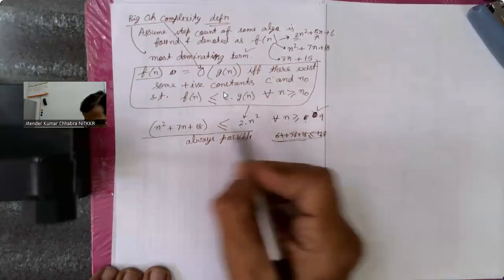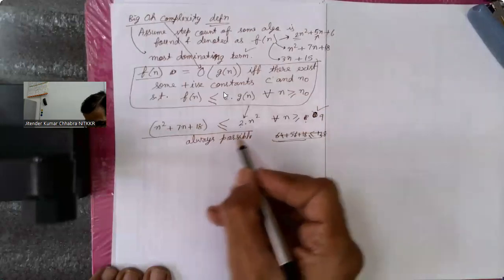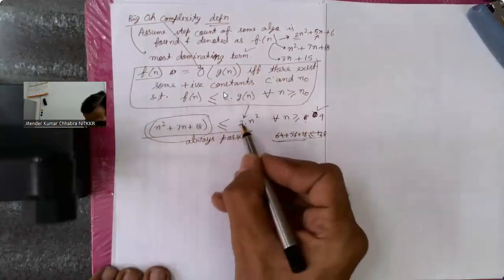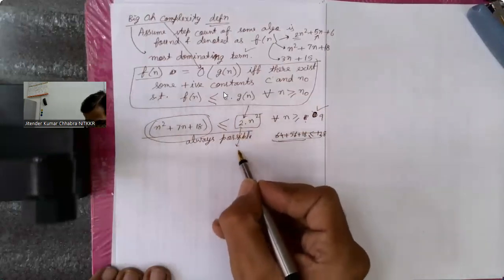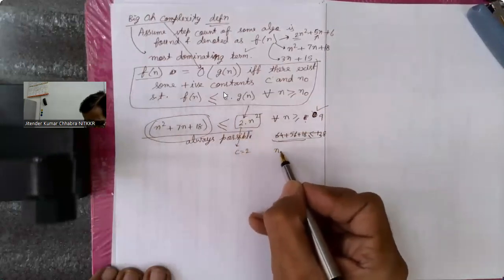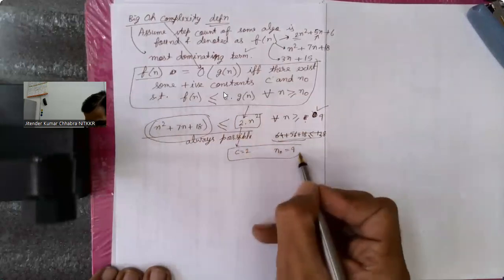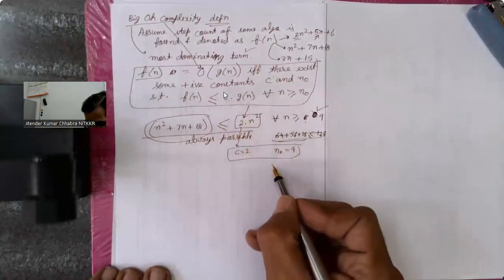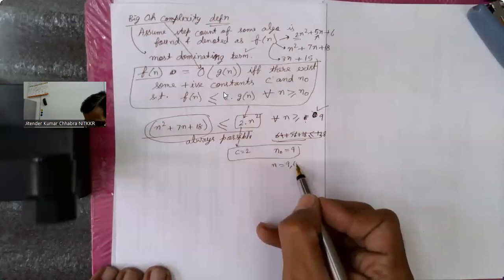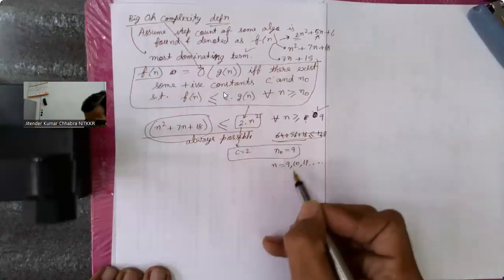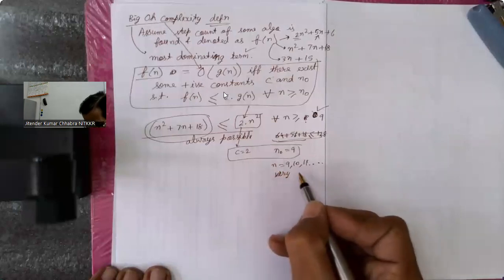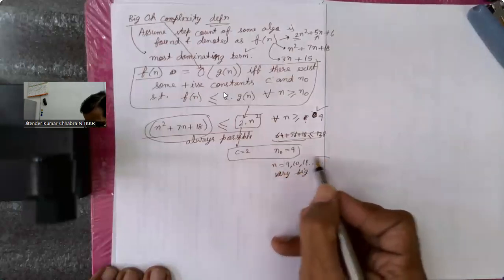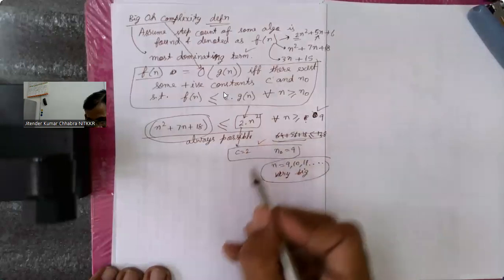So for n greater than or equal to 9, it is guaranteed that this will always be less than 2n square. So in that case, C equal to 2, n naught equal to 9. And from here onwards, n being 9, 10, 11, and so on, very big values normally considered for n, for all such values this relation will hold.